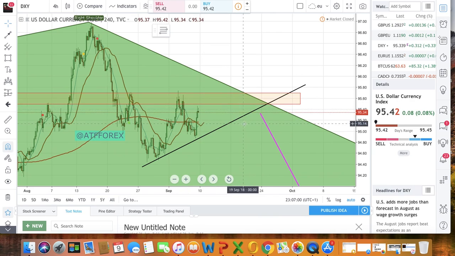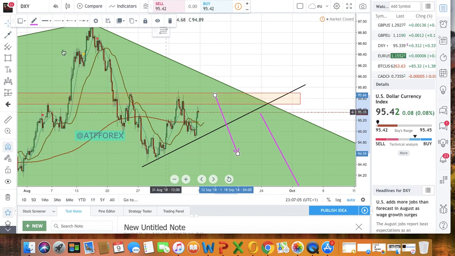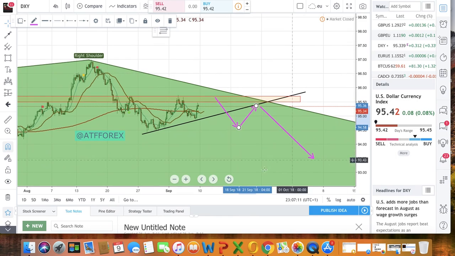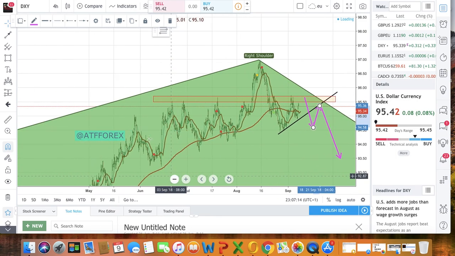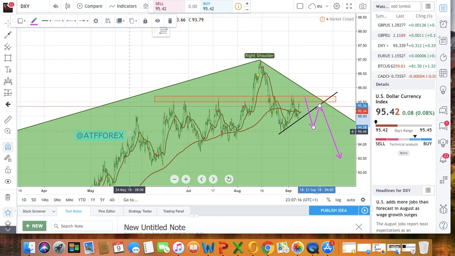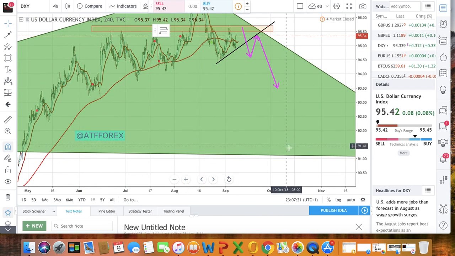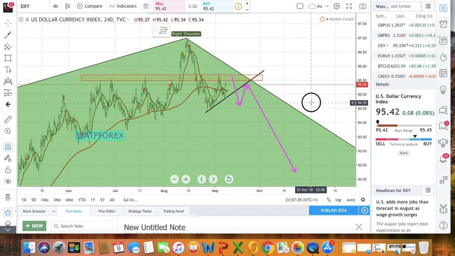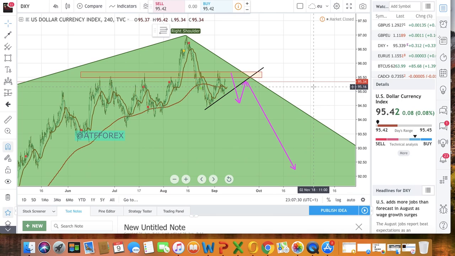Get some resistance right there, hopefully break through this counter trend line, do a retest, and then fall all the way down to that weekly support level of 93.50, and then further to the 92 level as well. So that's potentially what we're looking for on the DXY. I look forward to sharing this video with you all a little bit later on.